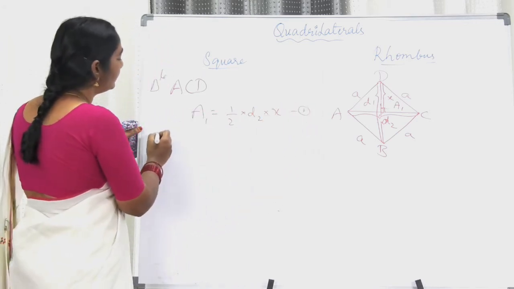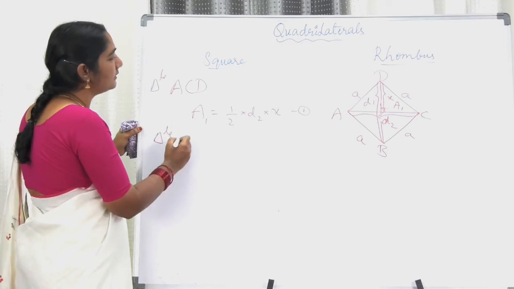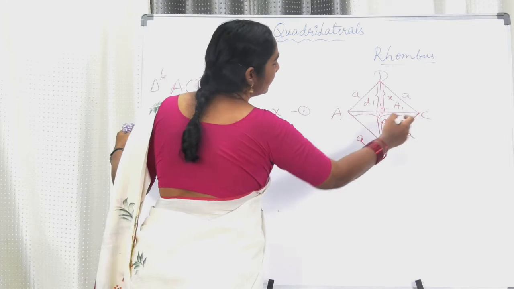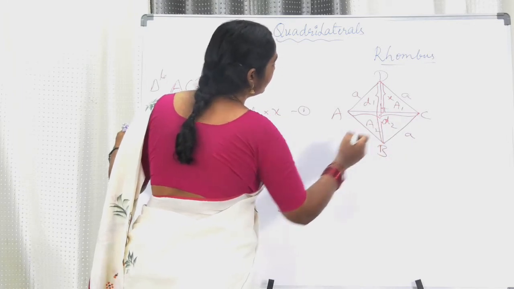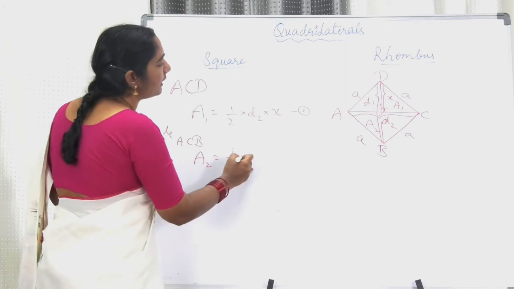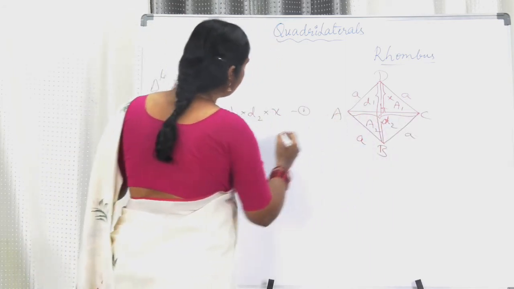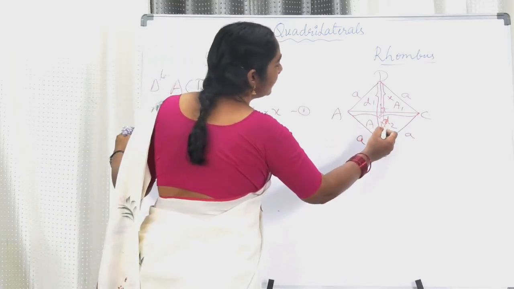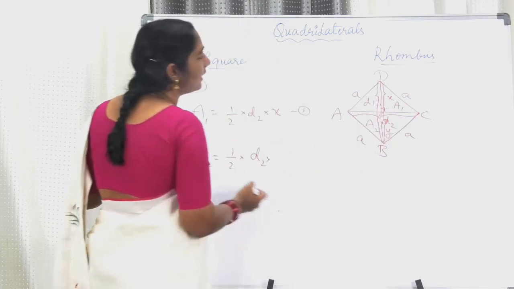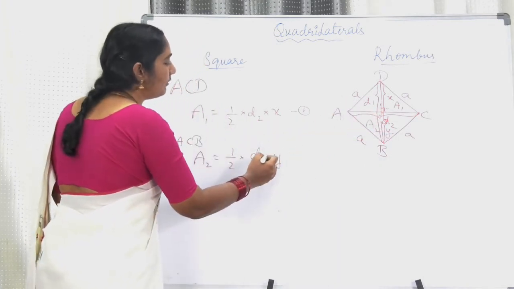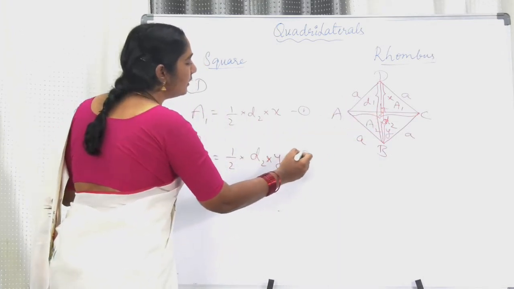Now the other triangle, ACB, let its area be A2. It is equal to half into base, the base is the same, D2, and let this height be y. So half into base into height, equation number 2.